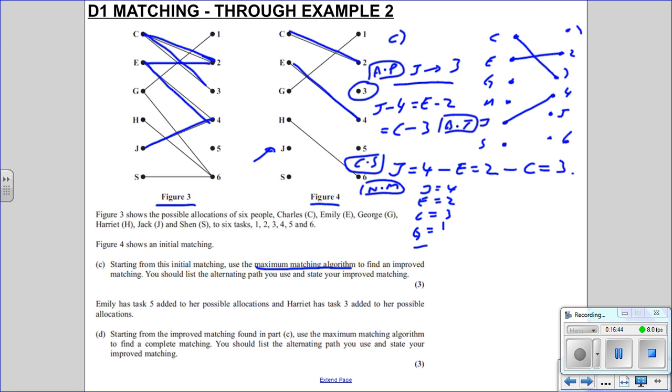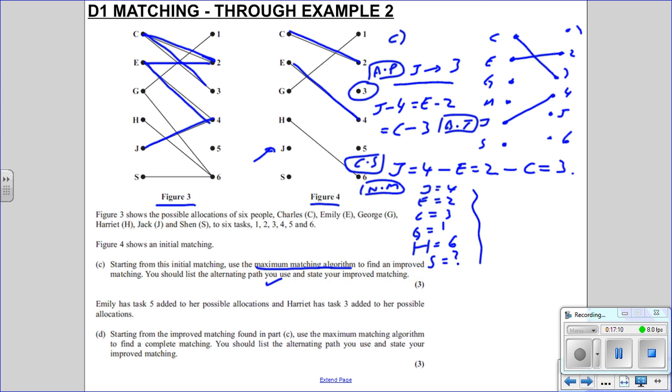H hasn't changed, that's still 6. And S is still unmatched. Yeah, cool. And then we've done that bit, done. And state your improved matching, we've done that. Okay, that's our improved matching here.